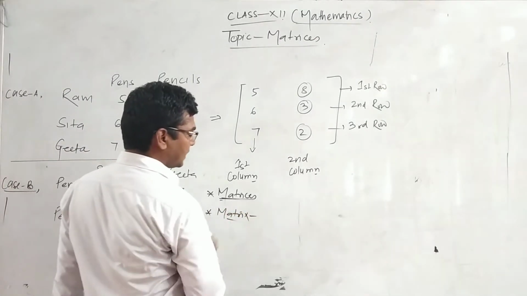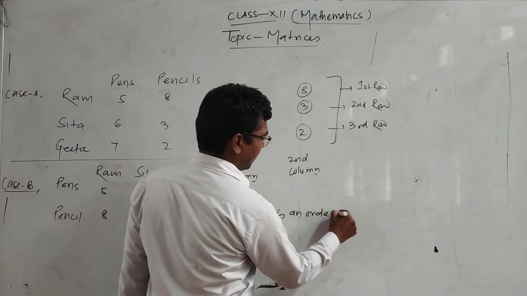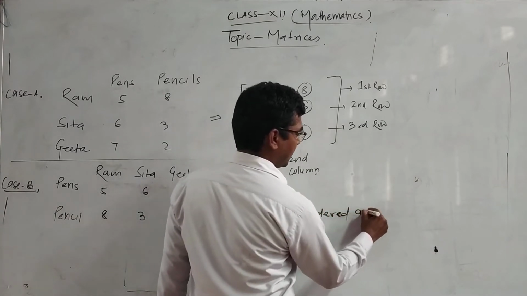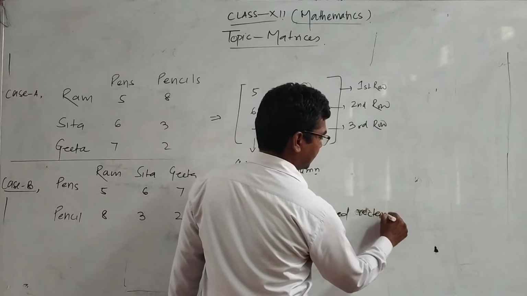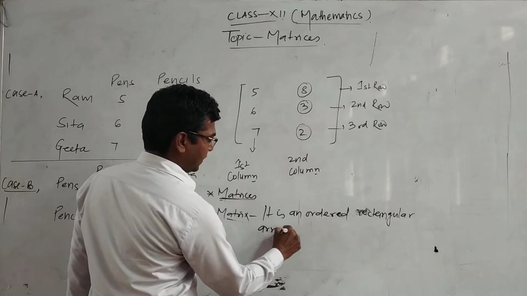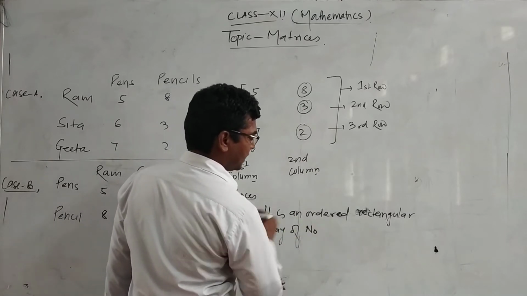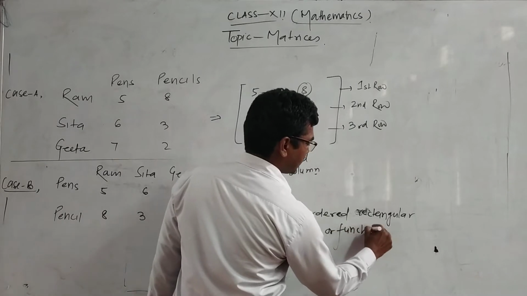So what is a matrix? It is an ordered rectangular array of numbers or functions.